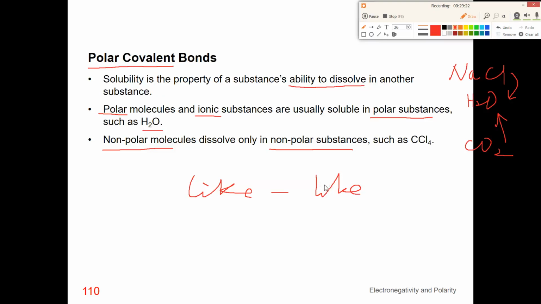Most of the time you can use this one to explain it. Basically, if the solvent and the solute have a similar polarity, polar dissolves in polar, nonpolar dissolves in nonpolar, so like dissolves in like.